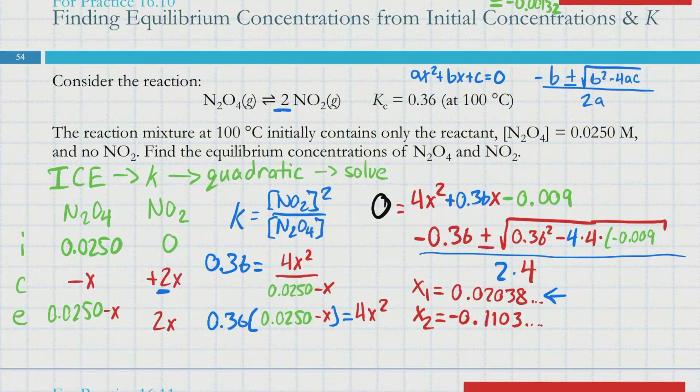So then we plug this in to the E row of our ice table.